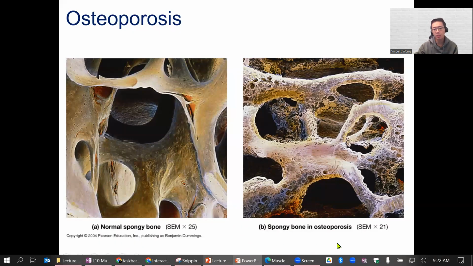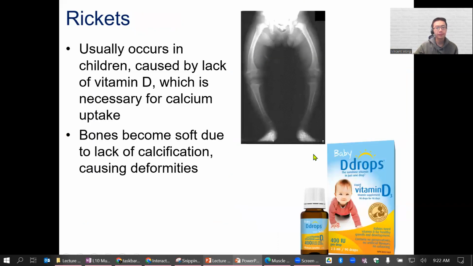And then spongy bones in osteoporosis, you can see it's getting really porous. And if the person slips and falls, it could shatter the bone easily, right? So slipping and falling is the number one debilitating cause for seniors, right?